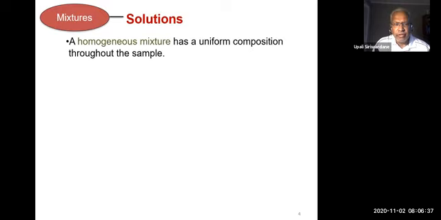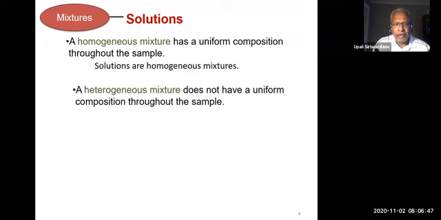We're going to look into that in a coming slide. Solutions are generally called homogeneous mixtures, as opposed to heterogeneous mixtures that do not have uniform composition throughout the sample. Salad dressing is a homogeneous mixture.